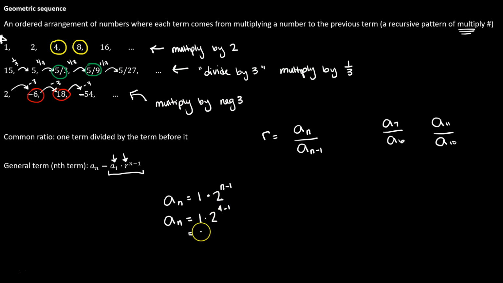We'll simplify our exponent first. 1 times 2 cubed. 2 cubed is equal to 8. 1 times 8 is equal to 8. So our fourth term came out to be 8 using this general term, just like it shows in our sequence.